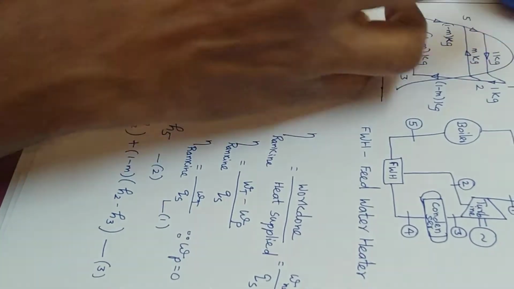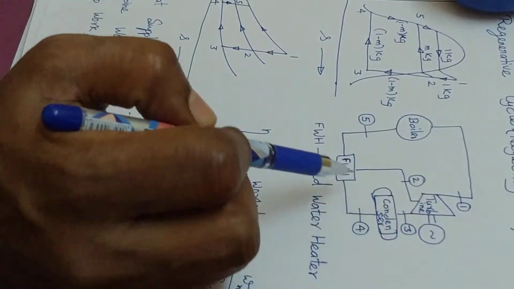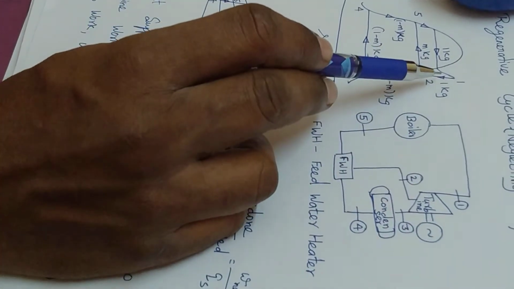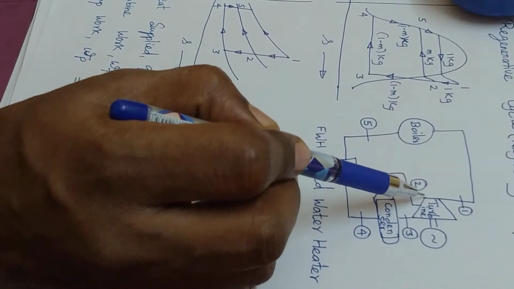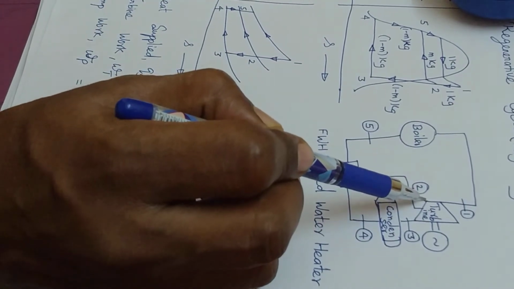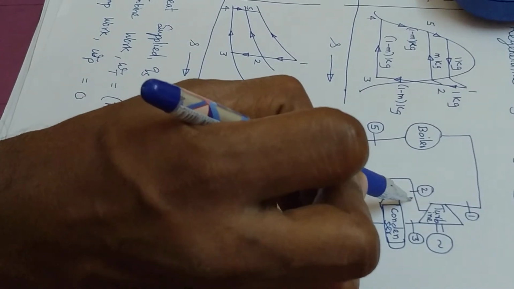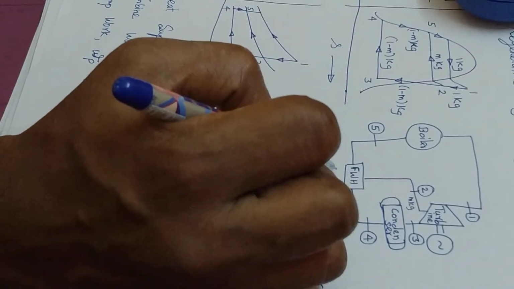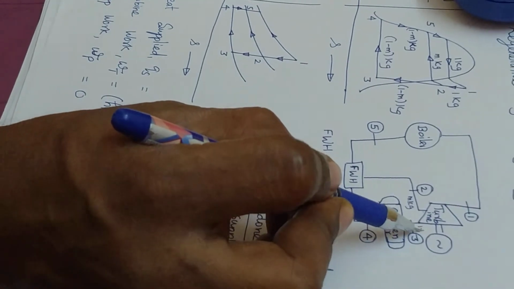So here 1 to 2 is expansion. Let us assume during this cycle 1 kg of steam is taken for consideration. So this 1 kg is getting expanded between points 1 and 2. At point 2, since m kg of steam is taken for feed water heating, the remaining is only 1 minus m kg.